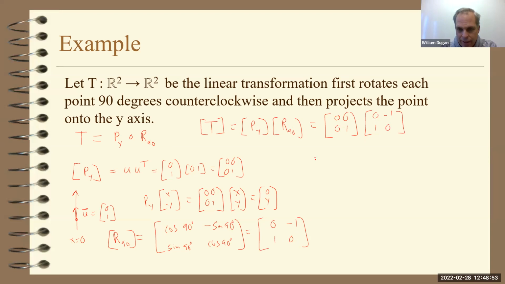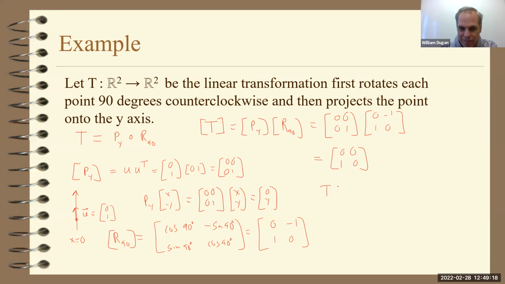And if you do the multiplication, you get 0, 0, and then 1, and 0, and that's it. That's neat. So that will do the job. It will rotate it 90 degrees, and then project it upon the y-axis.